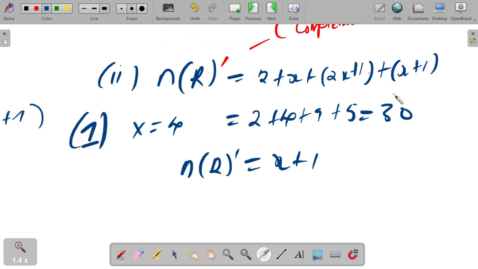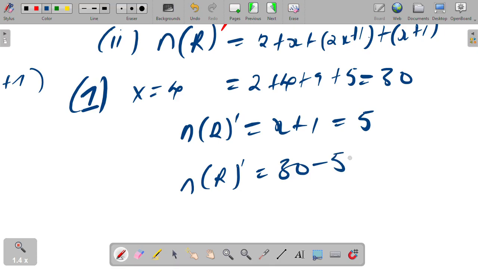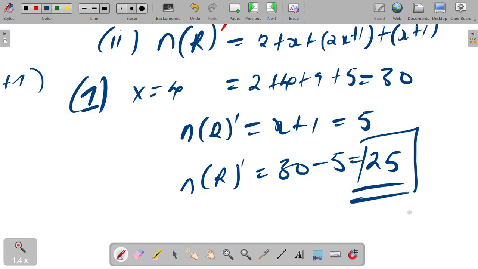You add everything first, right? You add everything and then you subtract the R part only. So the R part gives us what? 5. So we can now say the number of elements in R complement is equal to 30 minus 5, which is equal to 25. So this is the first method to find our solution for Roman numeral 2.